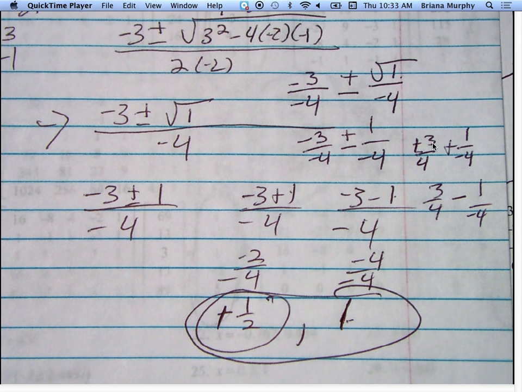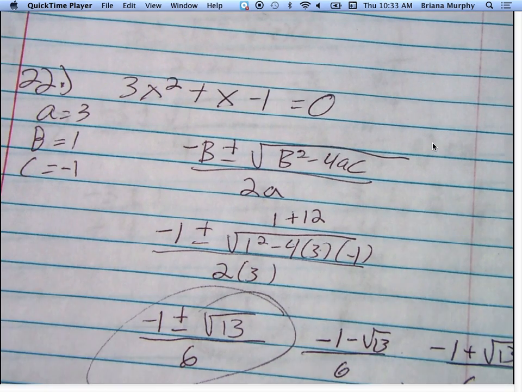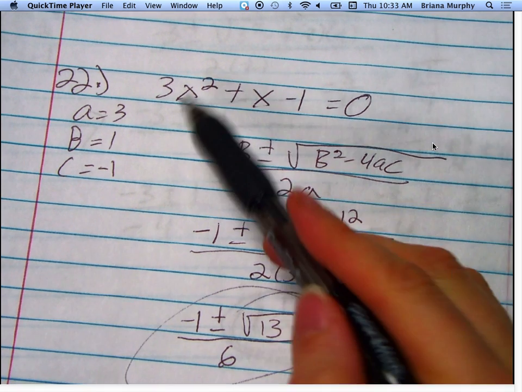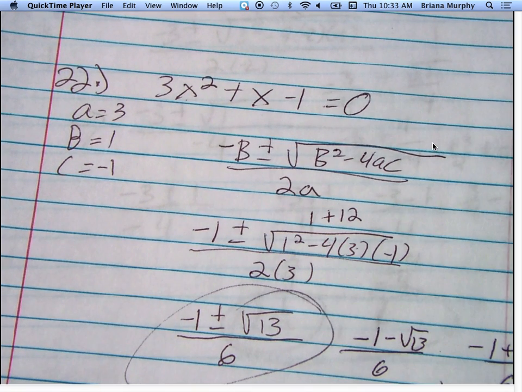Any others? Yes. 22. Okay. So we have 3 terms here, right? We have one with x squared, one with x, and one by itself. So we are going to label them A, B, and C. A is in front of the x squared, B is in front of the x, and C is by itself.